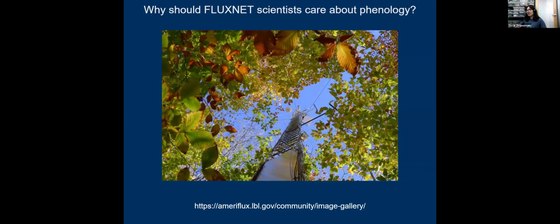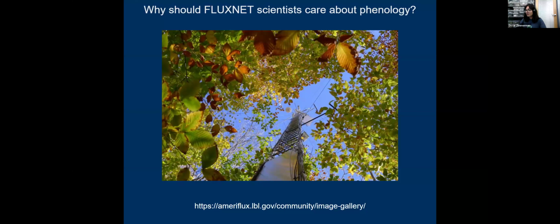And all of this is really relevant to the science that we do in the Ameriflux and FluxNet communities, because phenological events such as the growth of new foliage in the springtime can have a significant impact on the physical properties of the land surface, from its albedo and aerodynamic roughness to its conductance to trace gases such as water vapor and carbon dioxide.